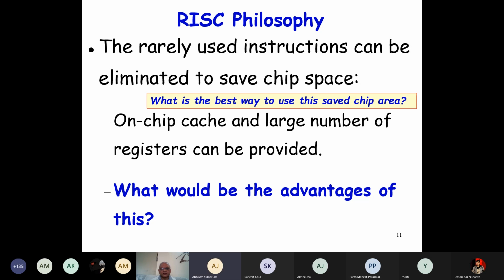In the RISC processor... yes, sir, why did they use memory to memory addressing? Yeah, see, memory to memory addressing was used because it was necessary to reduce the program size. Because the core memory had very little size, the program size needed to be small.